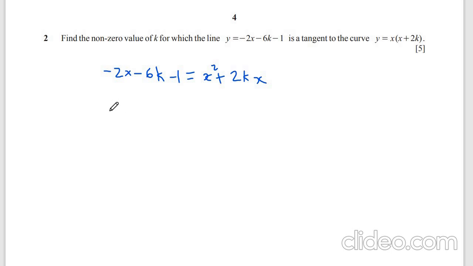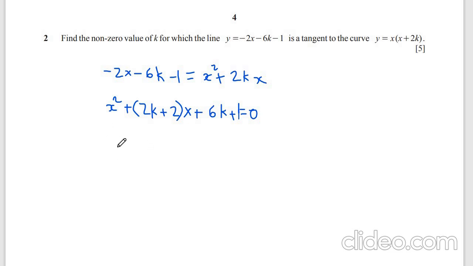And if we bring everything together, so we are going to get, now for this equation, this is a quadratic equation, and for this to have a solution, the discriminant of this must be greater than or equal to 0.